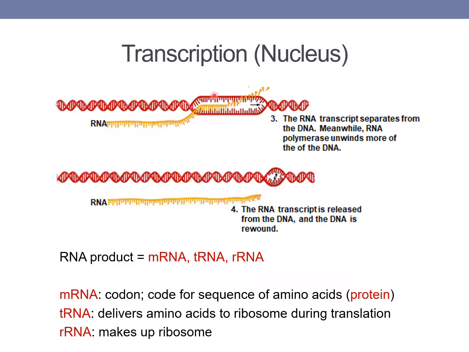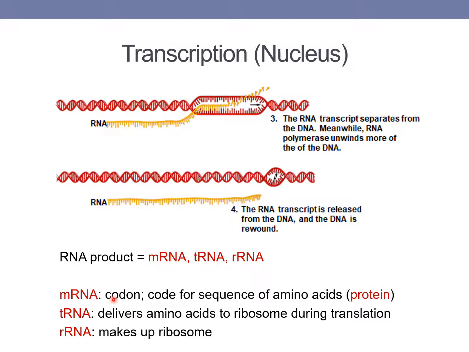And so once we're finished with this process, we're either going to get mRNA, transfer RNA, or ribosomal RNA. And these three types of RNA are all transcribed in the same fashion. So messenger RNA, remember, is going to be that code for the sequence of amino acids. It's going to tell us what amino acid is going to come next in the growing chain of protein. And it's going to give us the codon.